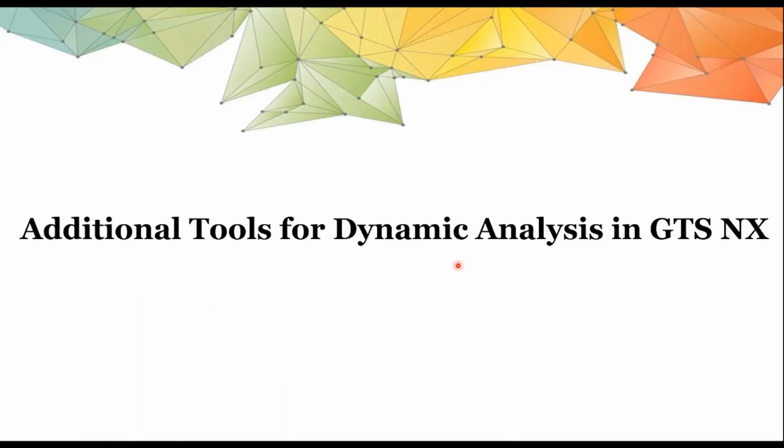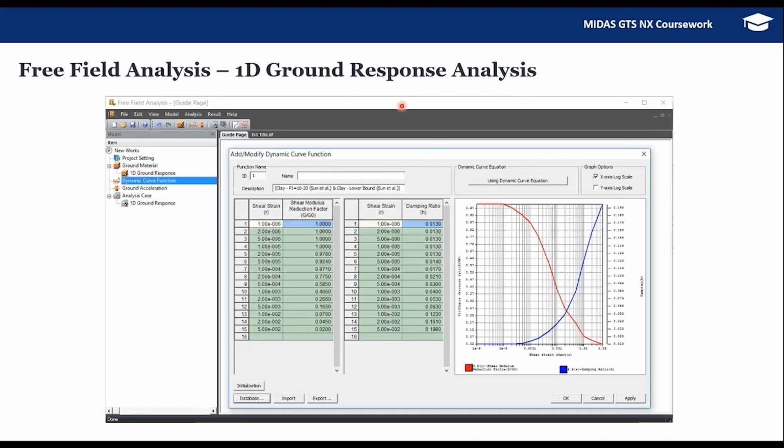Now we'll see what additional tools are present in GTS NX that will be very helpful for dynamic analysis. The very first one is a tool called free field analysis, which is nothing but a 1D ground response analysis tool. This analysis does not consider the interaction between superstructure and the soil.